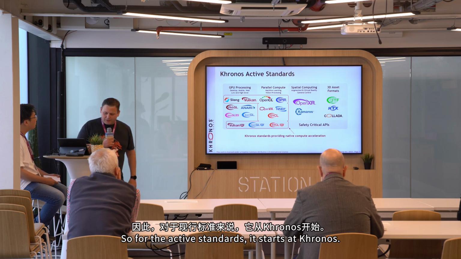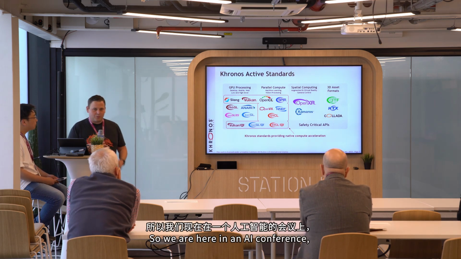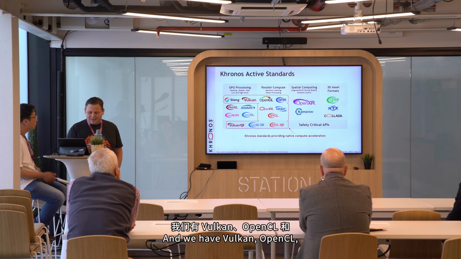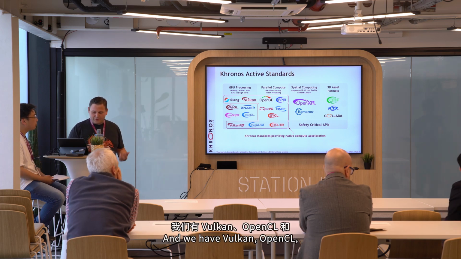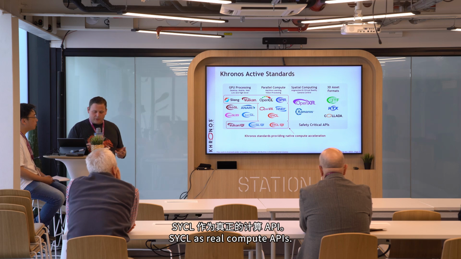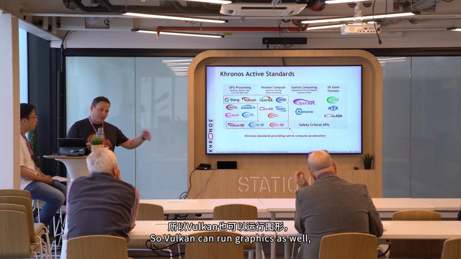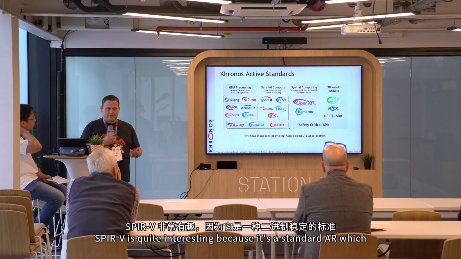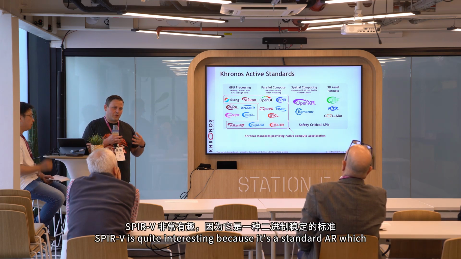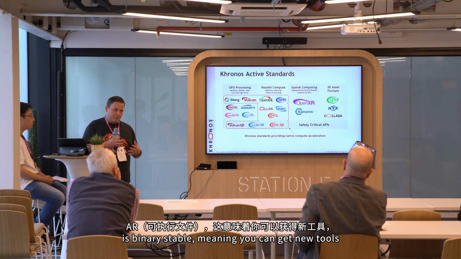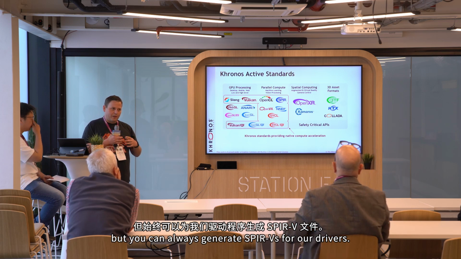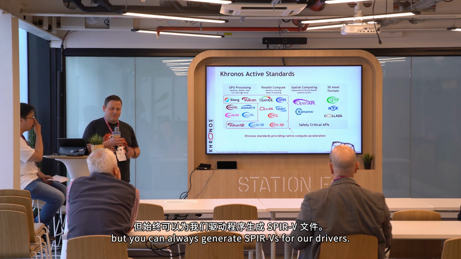So for the active standards itself at Khronos, we are here in an AI conference, so we are mostly interested in parallel compute standards, which can run AI. And we have Vulkan, OpenCL, SYCL as real compute APIs. So Vulkan can do graphics as well, but it has full compute support. SPIR-V is quite interesting because it's a standard IR which is binary stable, meaning you can get new tools, but you can always generate SPIR-Vs for our drivers.